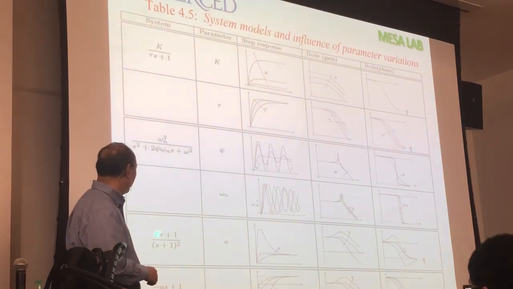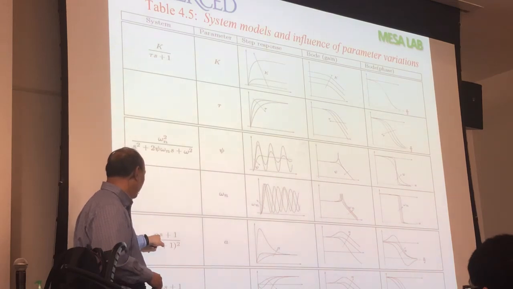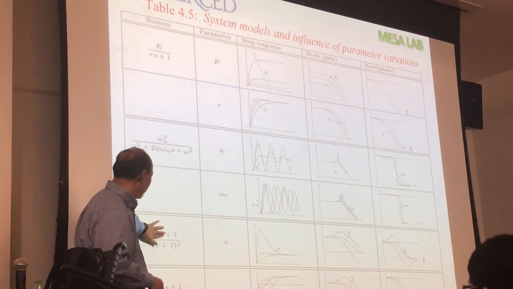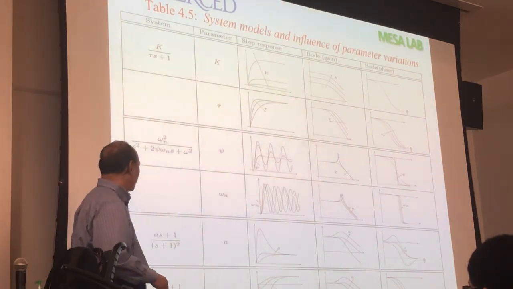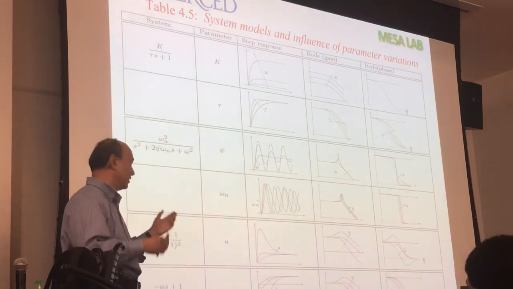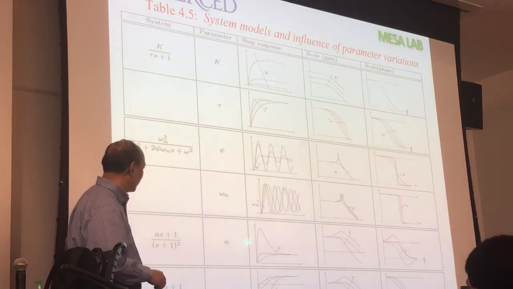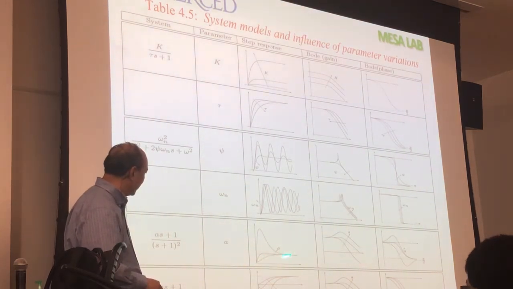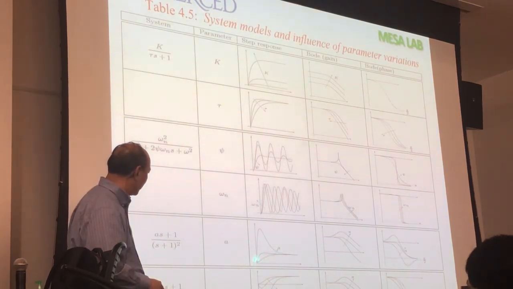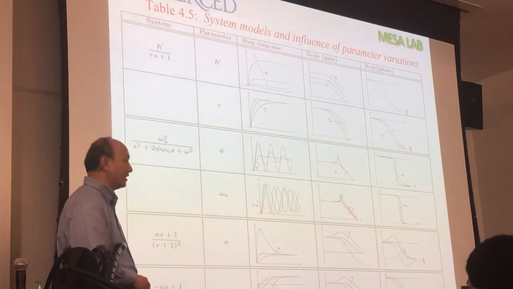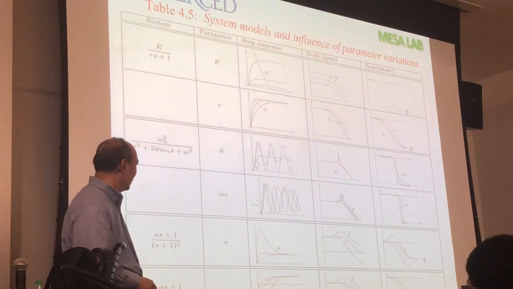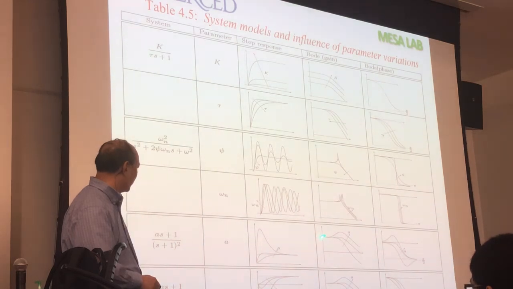Then you add A. When A is 0, then you don't have this one, right? So as A increases, you have a zero added on that. So you come initially like this, then this. When A is really big, you overshoot like that. So then your second order system will be like this.